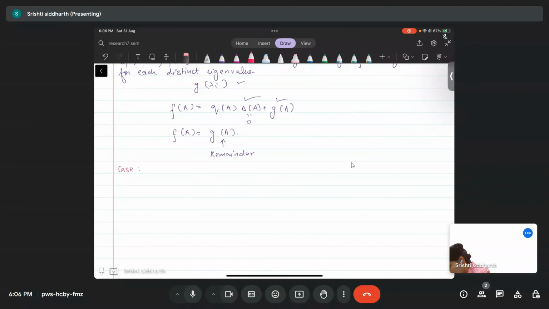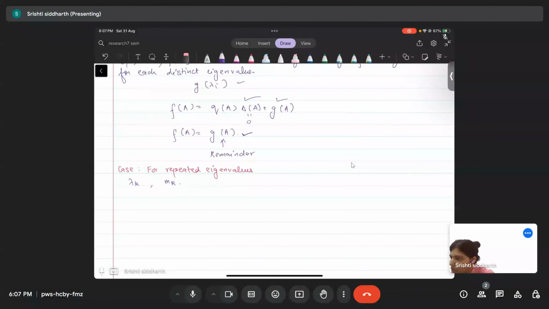So there is another case, which is for repeated eigenvalues. Let's say that there is an eigenvalue, some lambda k, which is repeated, let's say mk times. To compute the polynomial f of A, we have to solve for beta so that we can get g of A, right?